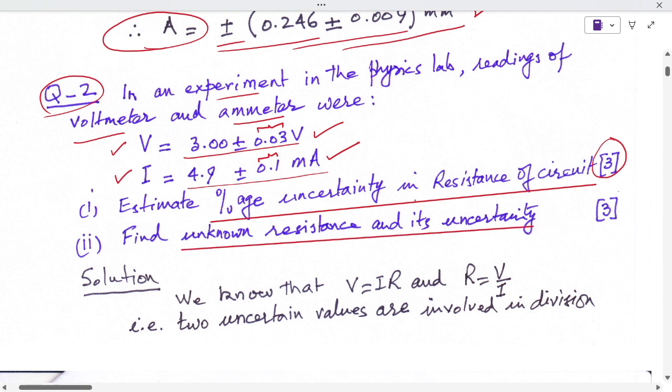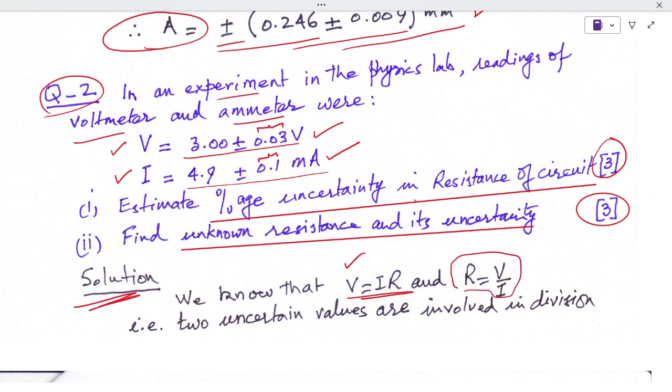So when we go for the solution, we know there is Ohm's law, which says that V is proportional to I, and V is equal to IR, and R is equal to V over I, because here we are to work out the resistance.